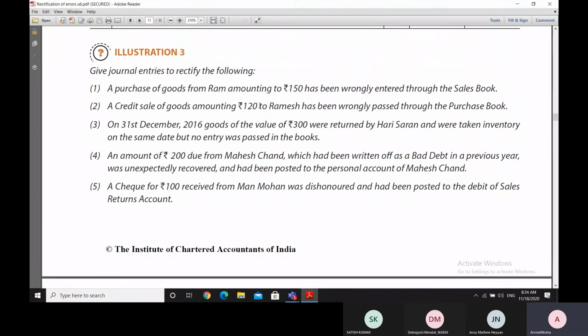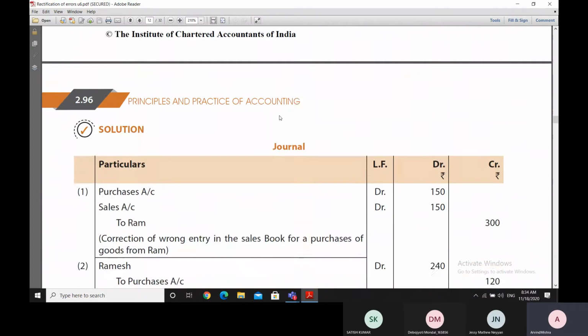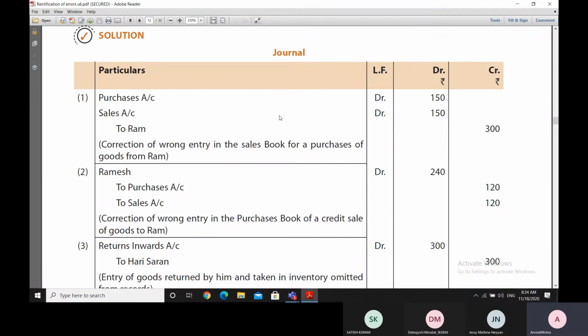Now the second part of illustration 3 is: a credit sale of goods amounting to 120 rupees to Ramesh has been wrongly passed through the purchase book. So this time it was a sale which has been passed through the purchase book. So we need to first cancel the purchase and then make a fresh sale entry. To cancel the purchase, we credit the purchase account and debit the Ramesh account.